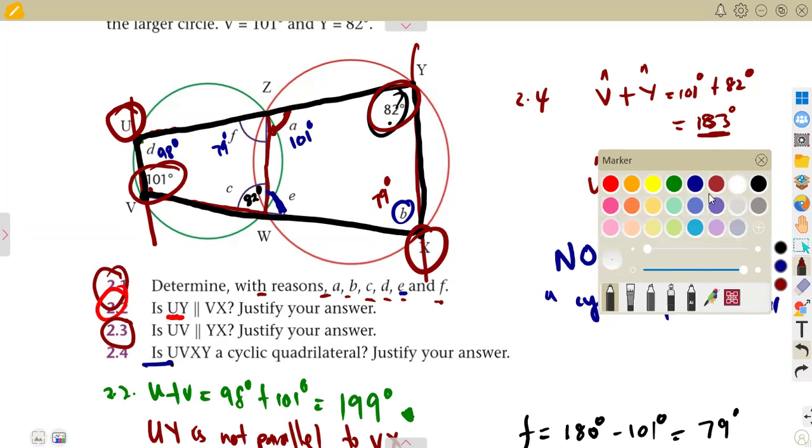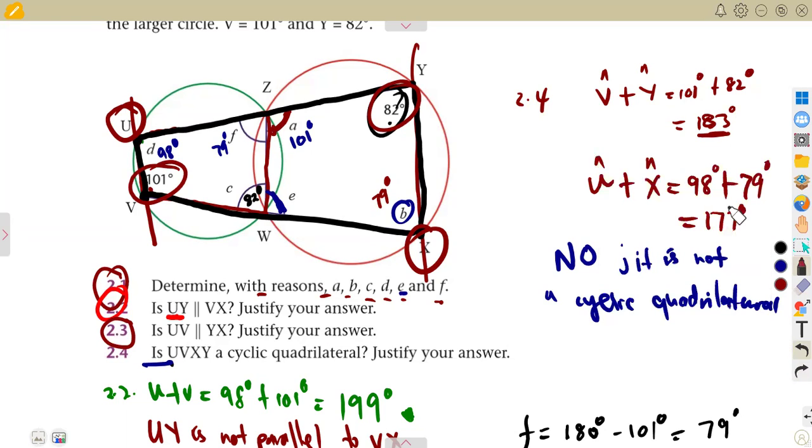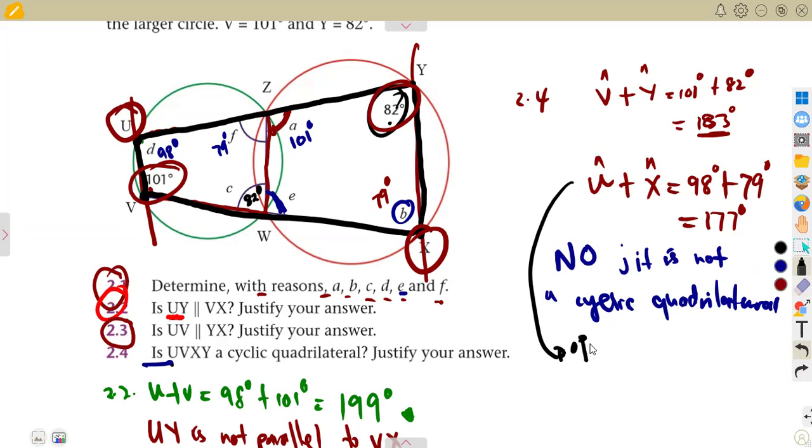The reason we proved with this, so you're going to take maybe this one or the second one. I don't know which one you are going to take, but from any of these reasons, opposite angles are not supplementary. They do not add up to 180 degrees.